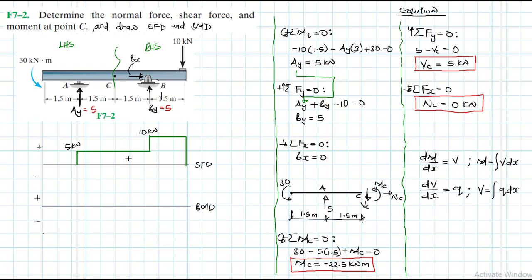But when we look at this beam, on one end of the beam, we have a couple that is applied. Okay. So we need to consider this. This is our initial boundary condition. At this particular point, let's call it D, we have a moment that has been applied.